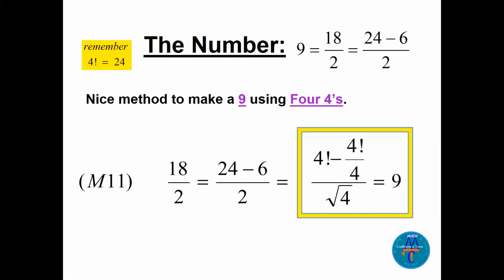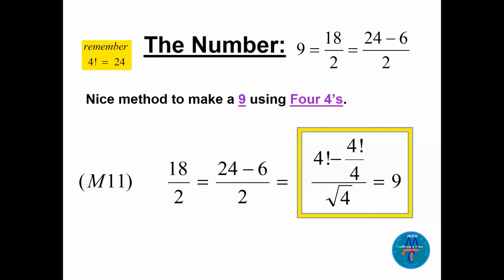Divided by 4, that's 6. And this 2 in the denominator, I can write it as square root of 4. So look at the nice method here: 4 factorial minus 4 factorial over 4, all divided by square root of 4, which is 9.